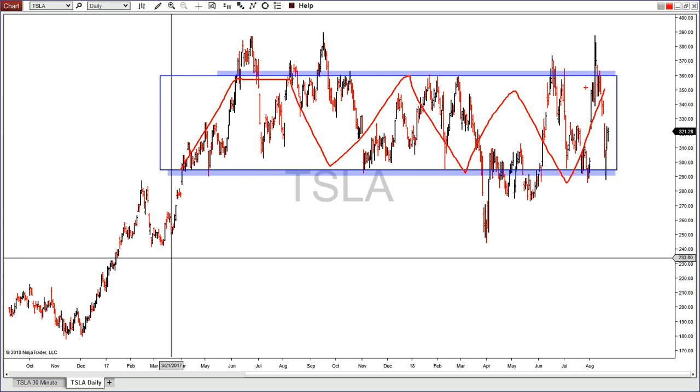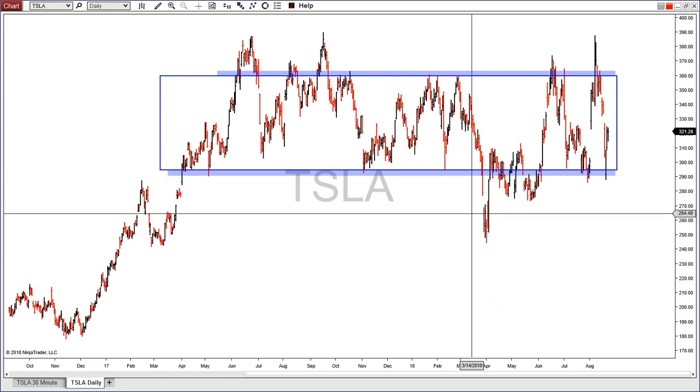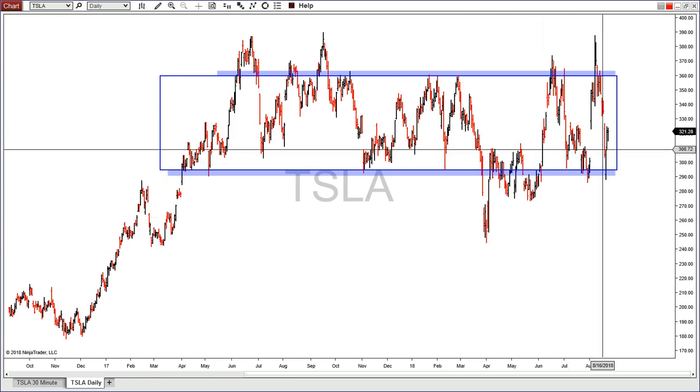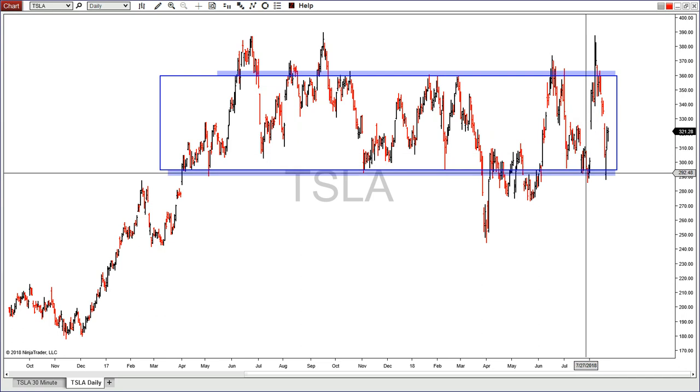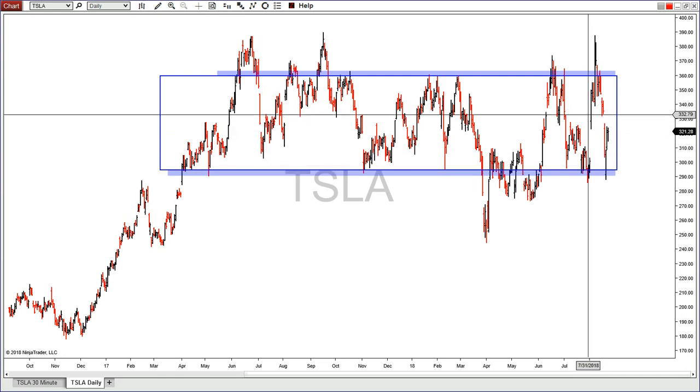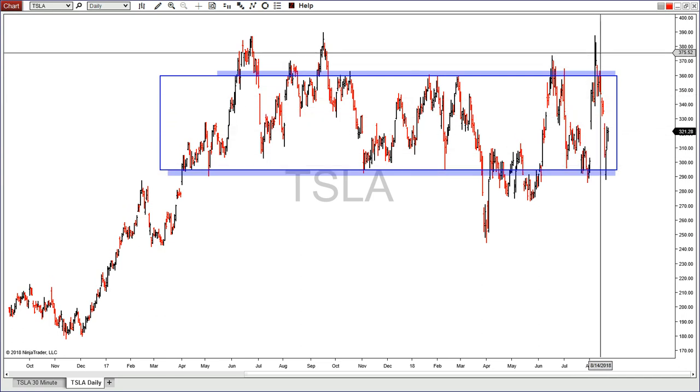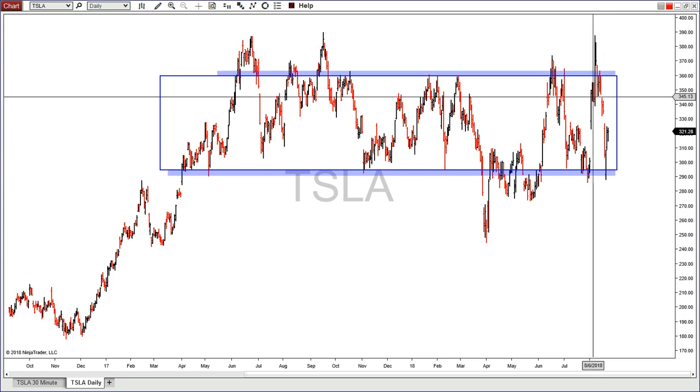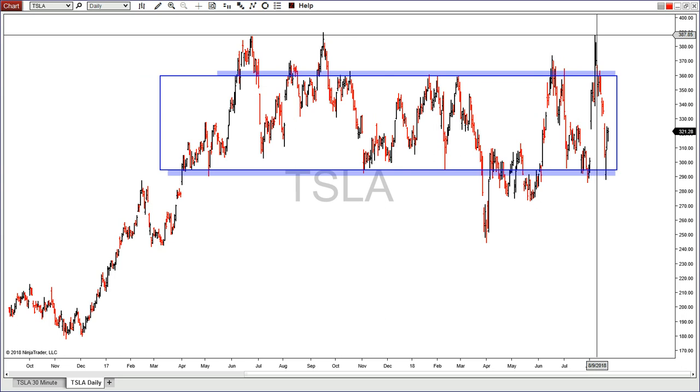Tesla has been trading within this zone most of the time since early 2017 to the present. You can see that recently there was the Elon Musk taking-private and funding secured tweet, and the price shot up to here.